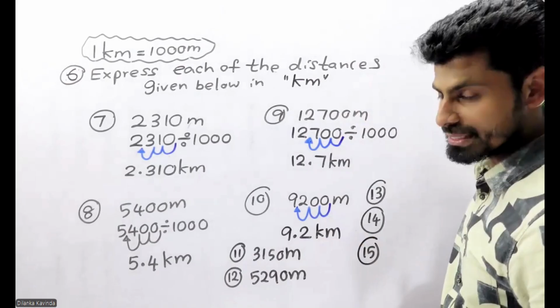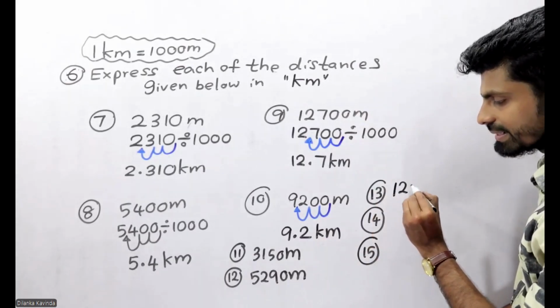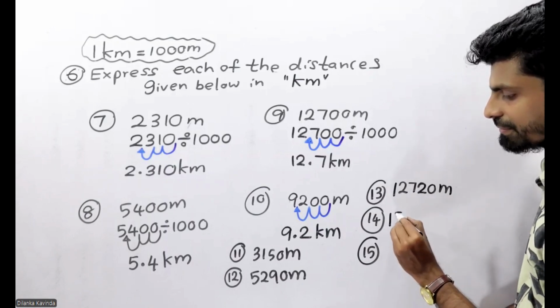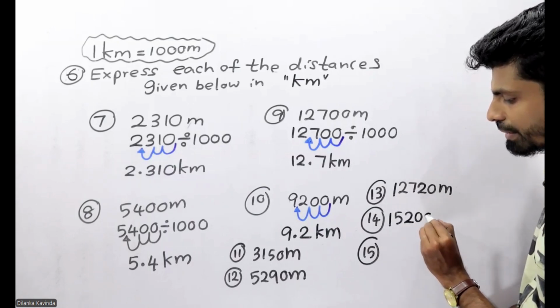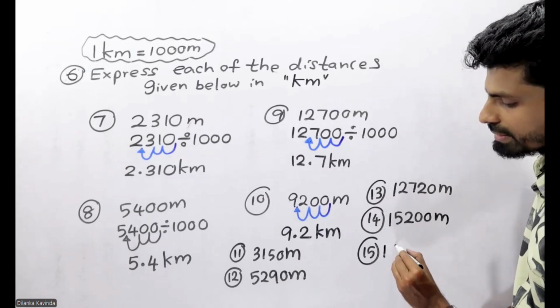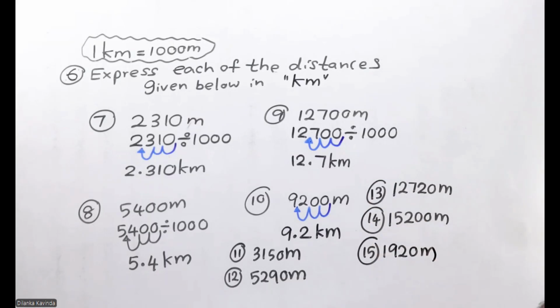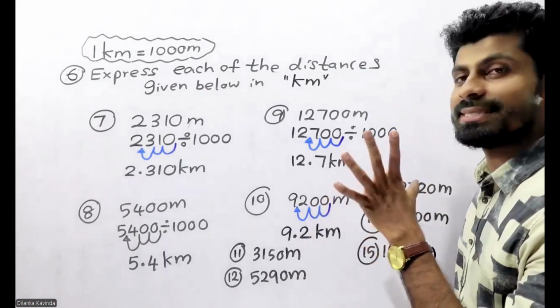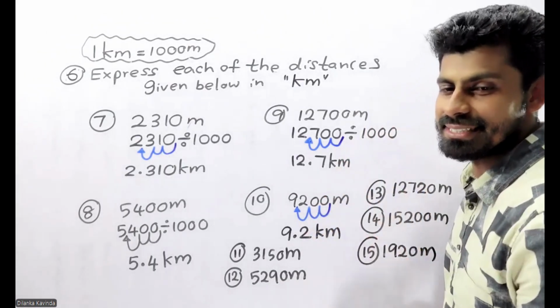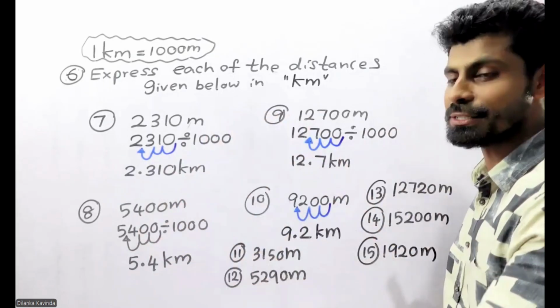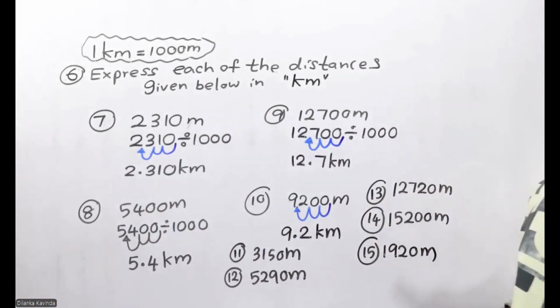Try to do these by yourself: 12,720 meters, 15,200 meters, 1,920 meters. Convert all these distances into kilometers. That means divide by 1,000, that's all. Okay. Right.